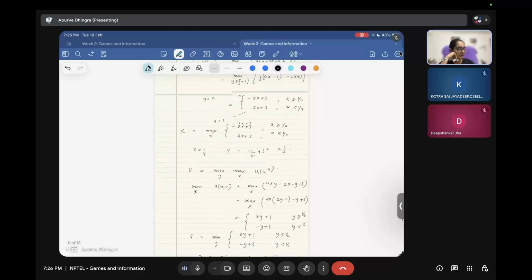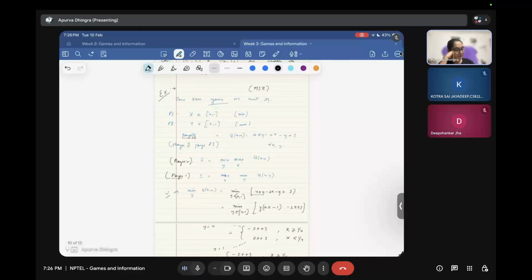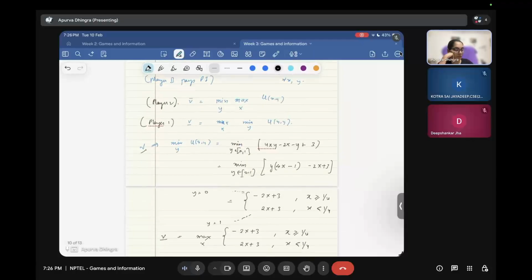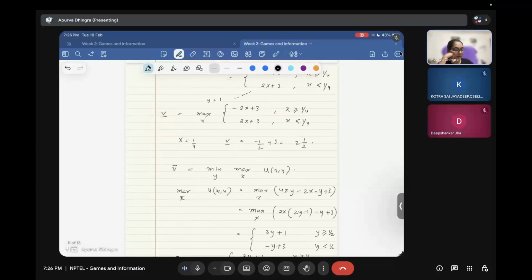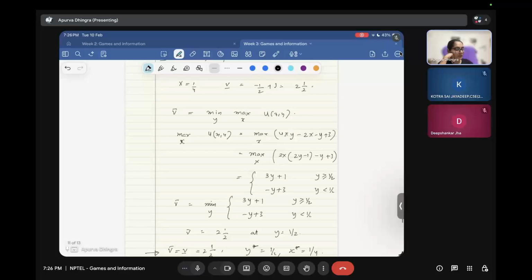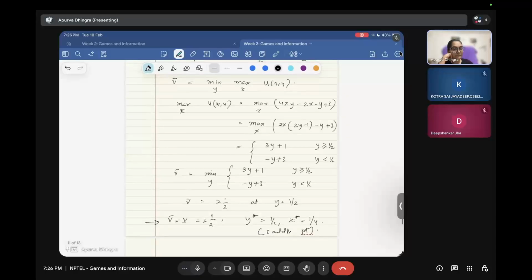So whatever we studied can also be applied to scenarios of this kind, at least in a unit square type of scenario. We can apply the idea of security levels to find a saddle point or security strategies. Is this okay? Any doubts so far? Everything is clear. It's perfect.